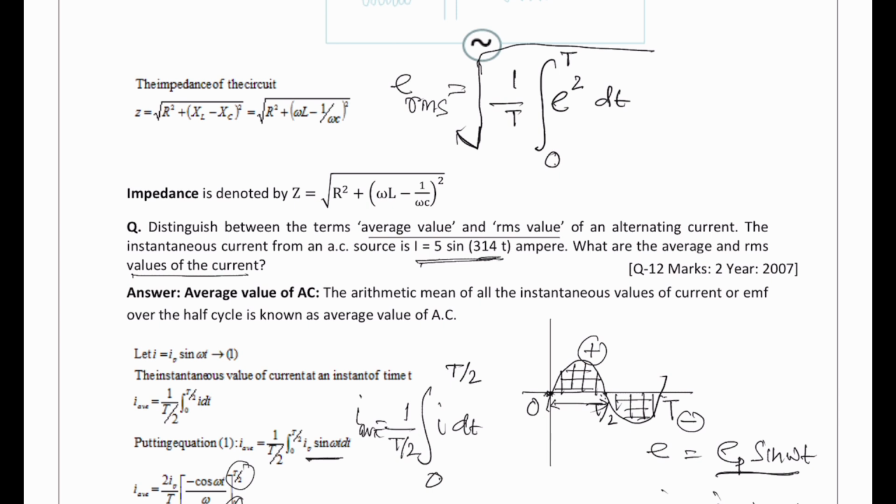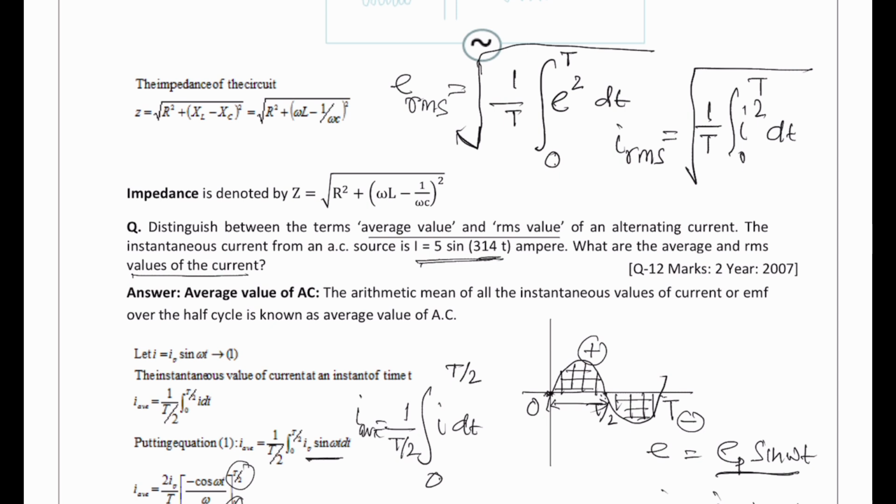Similarly for IRMS, the root mean square value, which is the true representation of average current and average EMF. Square the instantaneous current, add it up over the 0 to T interval, divide by T and take the square root. This is IRMS.